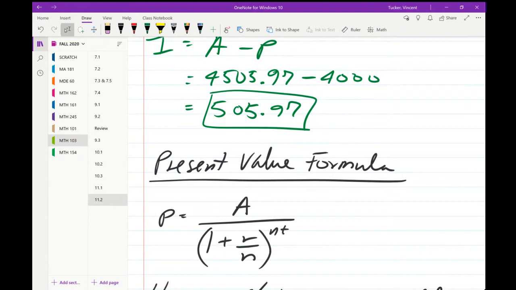Present value formula is the same formula that we've been using up to this point. It's just that it's solved for P. So it allows you to calculate what you need to deposit in order to get a desired amount after a certain amount of years.